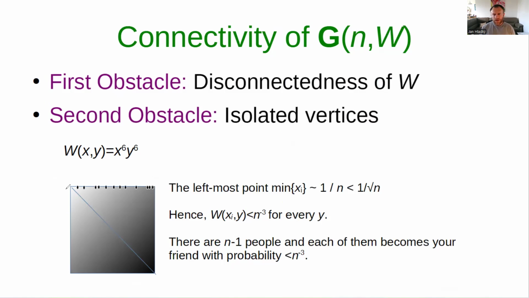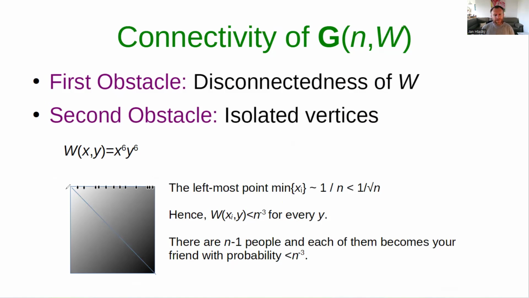Okay, so let's consider how for such a graphon the vertices are generated. So again, we are throwing these n many vertices in the unit interval. And what happens is that these vertices on the unit interval are reasonably equispaced. So the leftmost point will have value around 1 over n. The value of the leftmost point, let's say, is less than 1 over square root n.